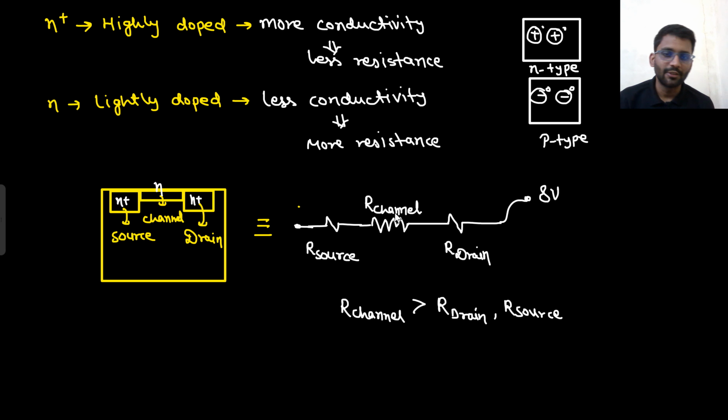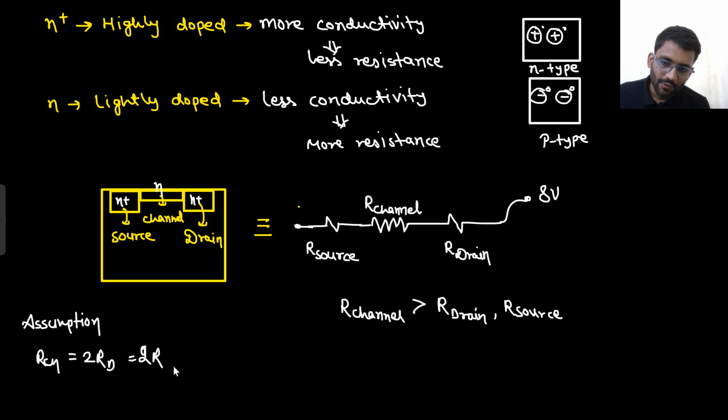For better understanding, I am assuming that this R channel is double of R drain and double of R source. So if I am applying 8 volt here, 2 volt will come here, 4 volt will come here, and 2 volt will come here.